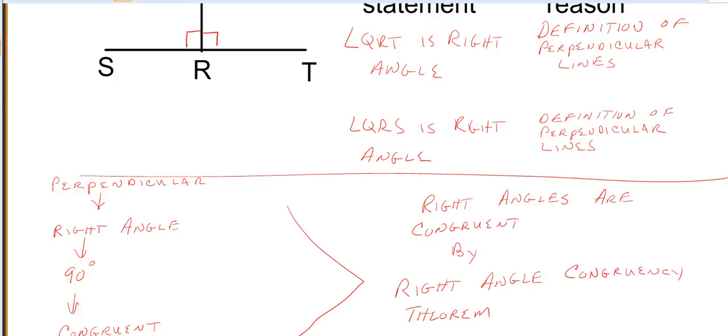Now we have one new theorem that we could use, though I don't think we'll be using it today: if I have perpendicular lines that I know form a right angle, I can say that those right angles are congruent. So I can skip the part that says that they equal 90 degrees. Once again, that's a new theorem. Perpendicular lines form a right angle, then I can say that any right angles are congruent to each other. That's called the right angle congruence theorem, and I don't think we'll be using that today.